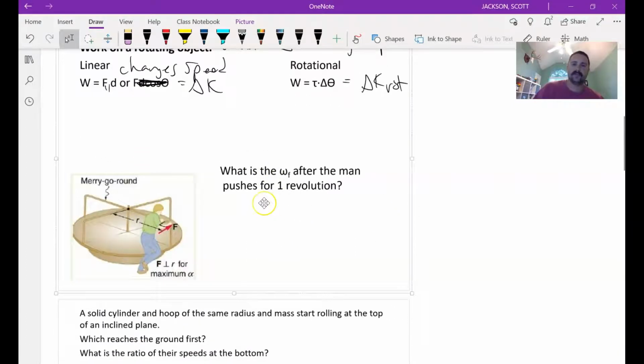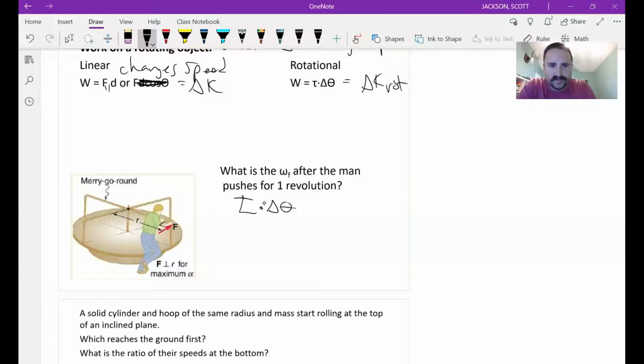If they were to ask for what is the omega final of this, this is how you could put them all together. So I know, if I want to know the omega final for a torque, well, I could say torque times change in theta equals change in K rotationally.